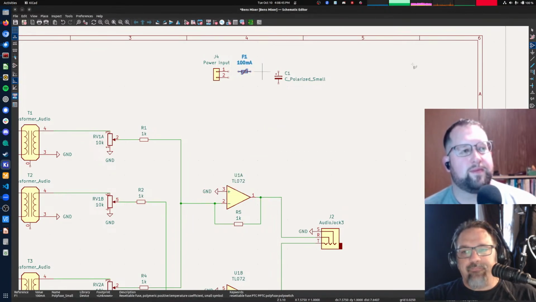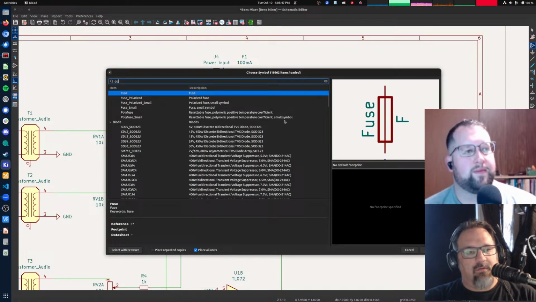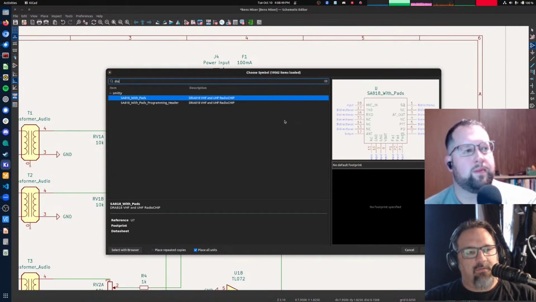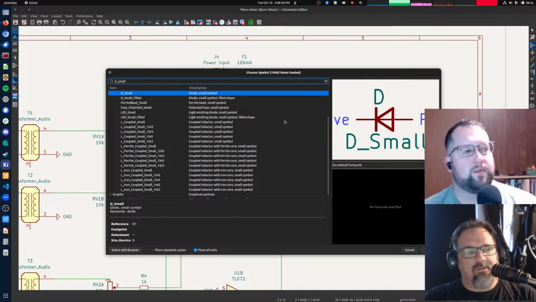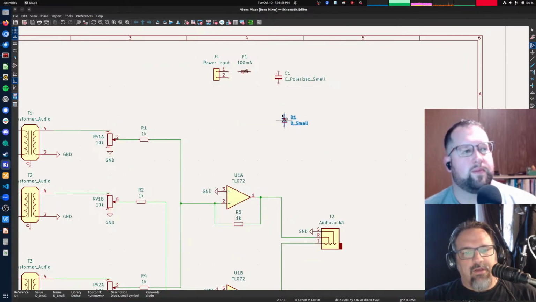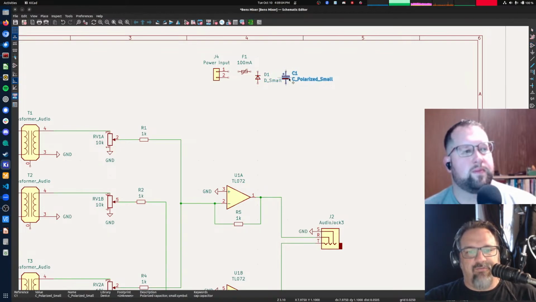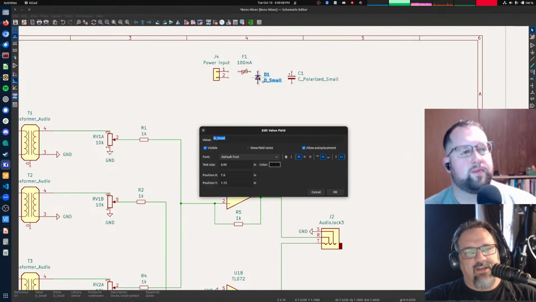That'll be plenty. Diode. D small. There we go. Okay. So we're going to do this with 12 volts instead of AC power. That's going to have a couple of ramifications that we will have to deal with.